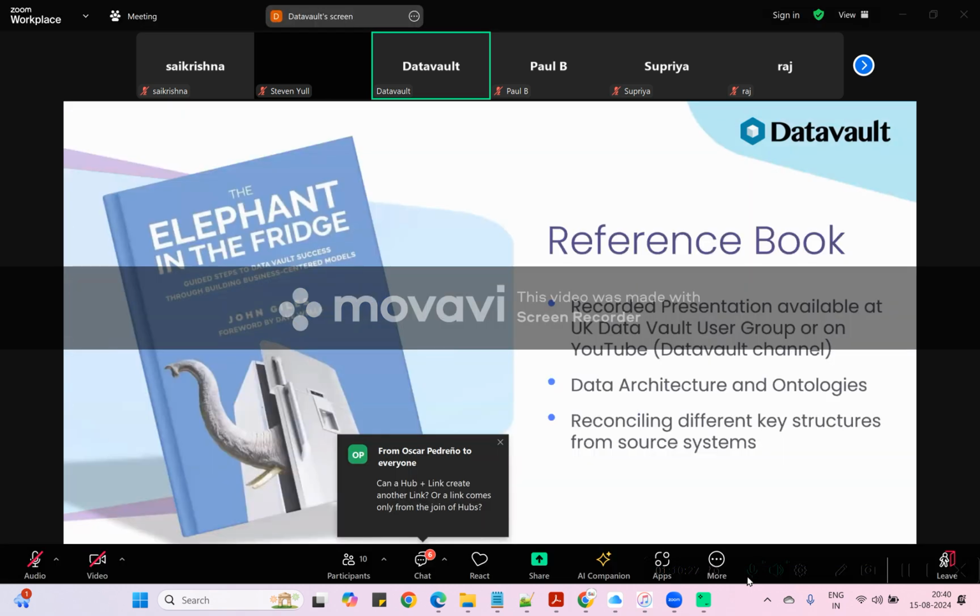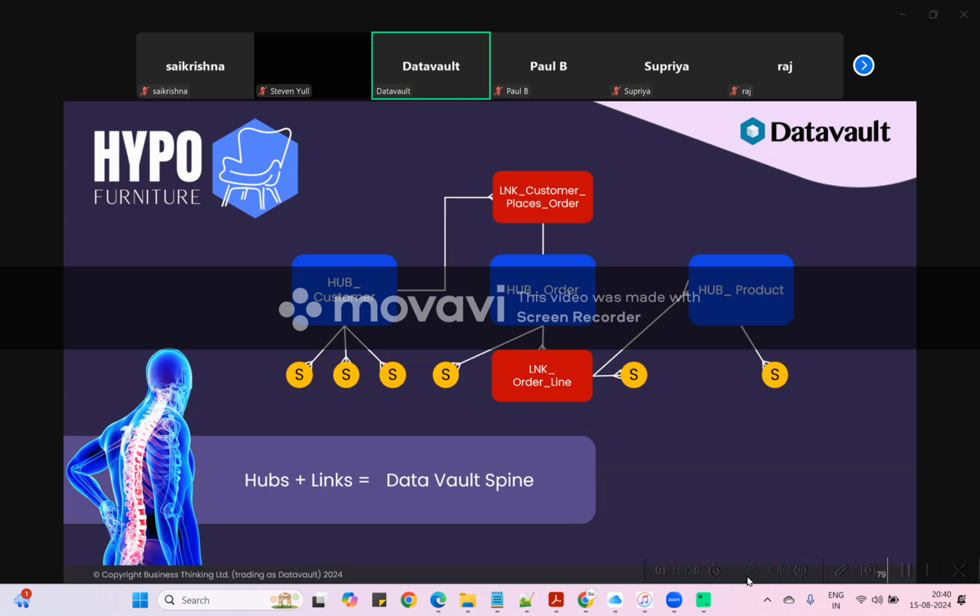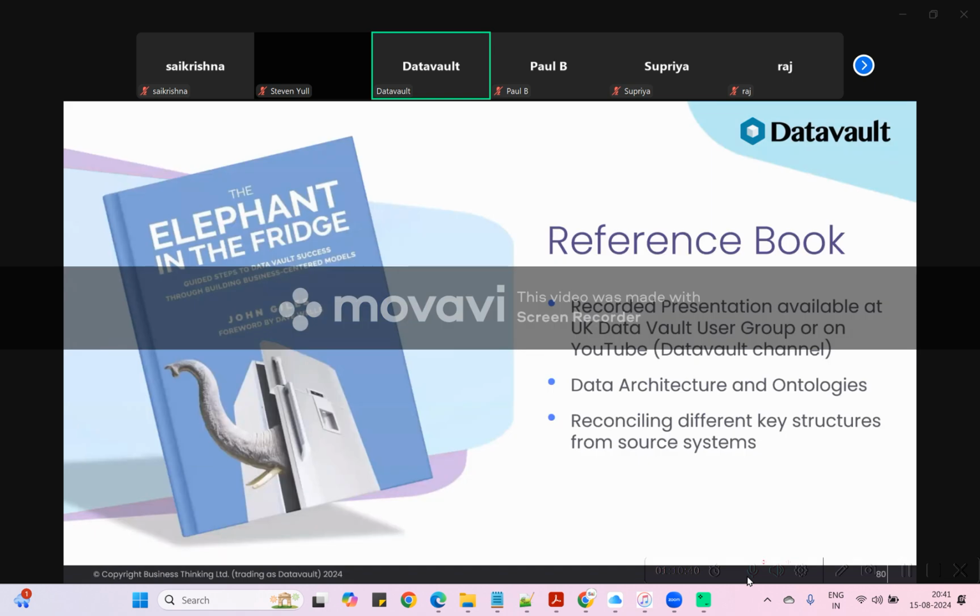Now, obviously, I've been through a very simple modelling process here. It's come straight out. You may well sit down with engineers and debate the model and what it should look like. There's a book written by an Australian who's an agile data architect. He's called it The Elephant in the Fridge, and it's full of nice techniques for building out a data vault and doing this early in modelling and understanding.